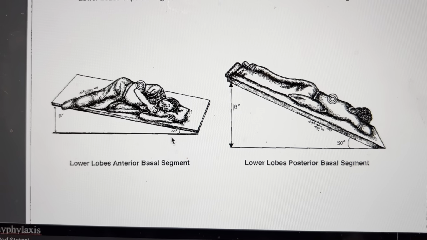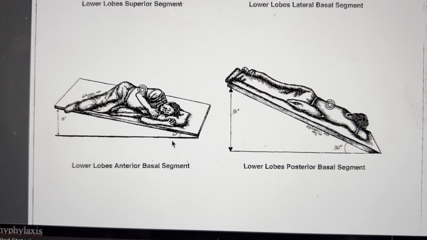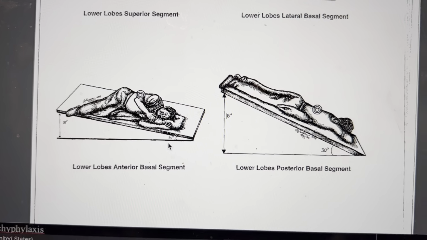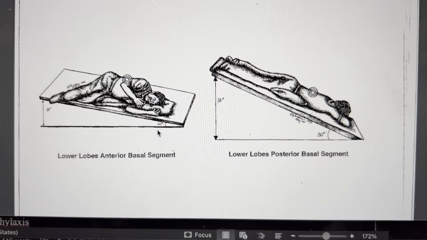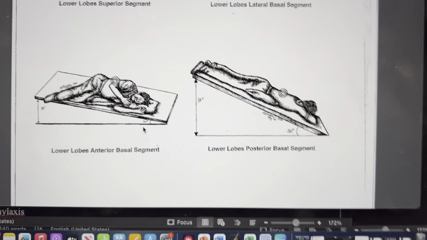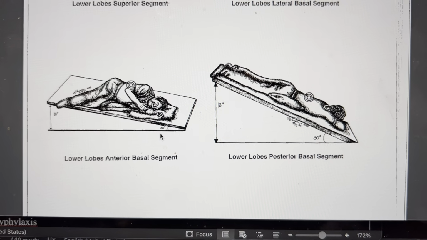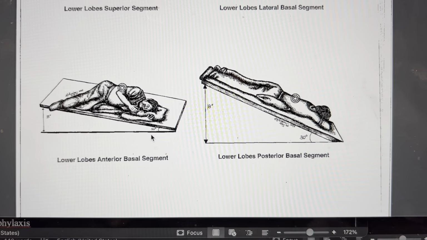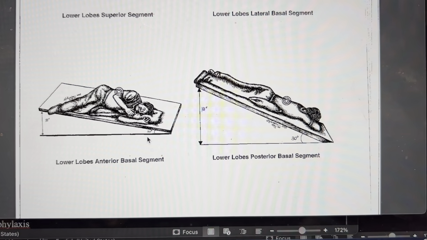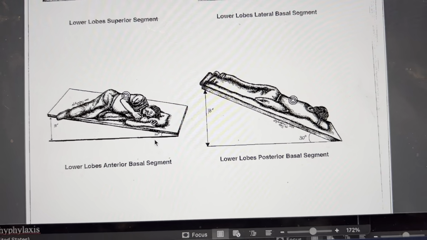Lower lobes anterior basal segment, you lay on your left side, tap in the side, lower lobes, not lateral towards the back, but on the side. Lower lobes posterior basal segment, flat on your belly at an 18-inch angle.